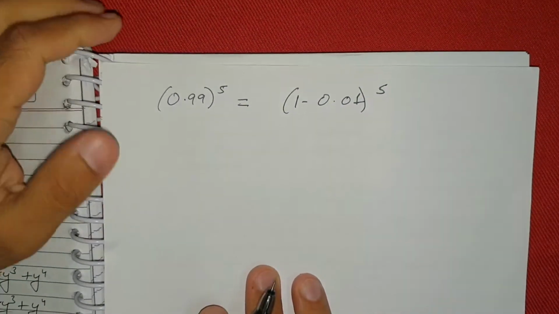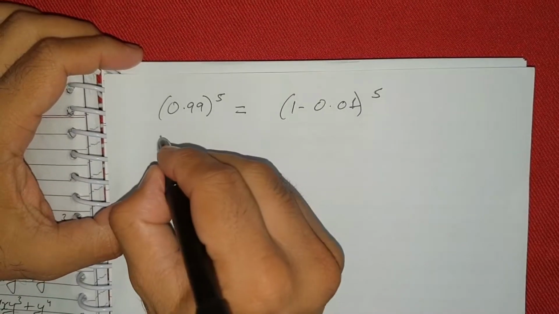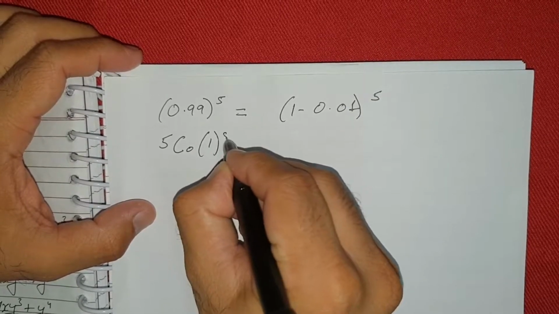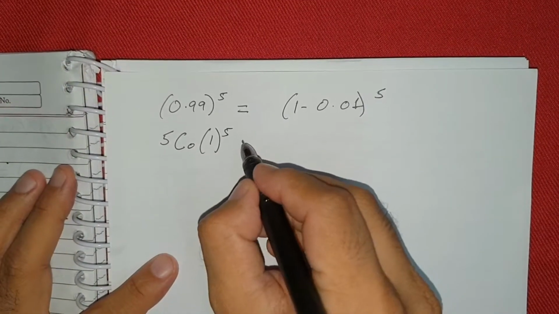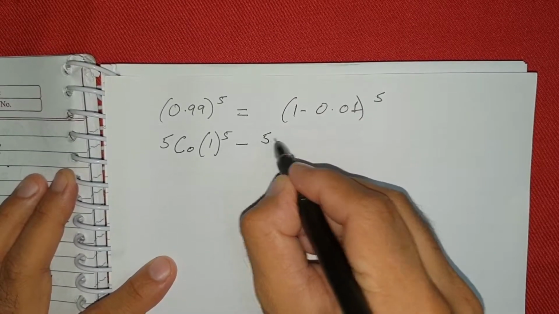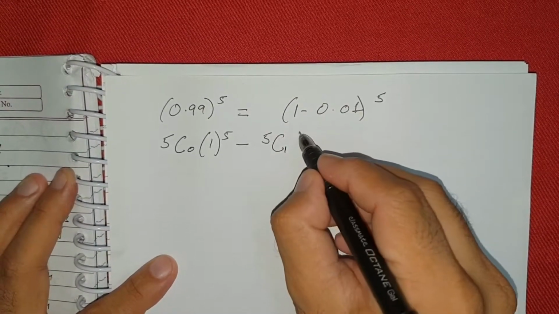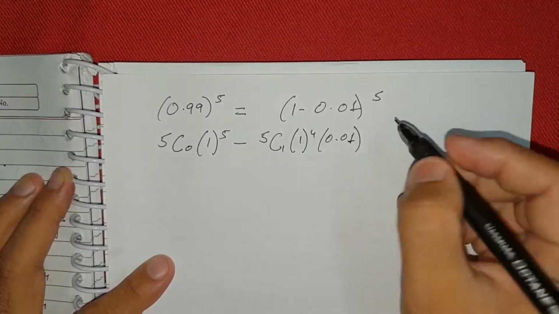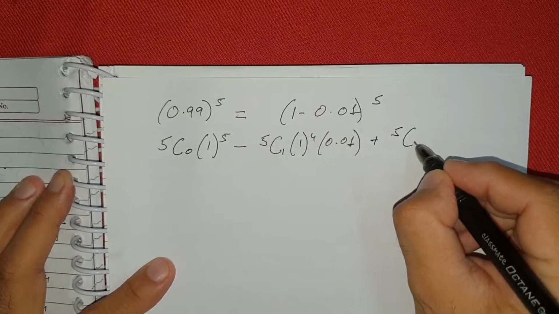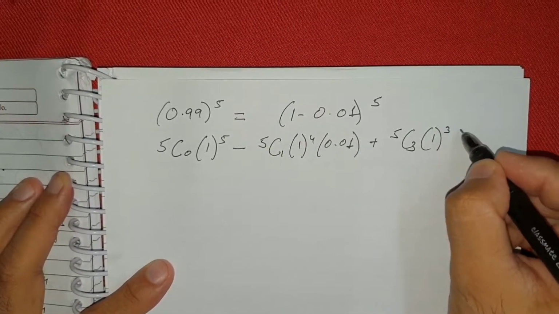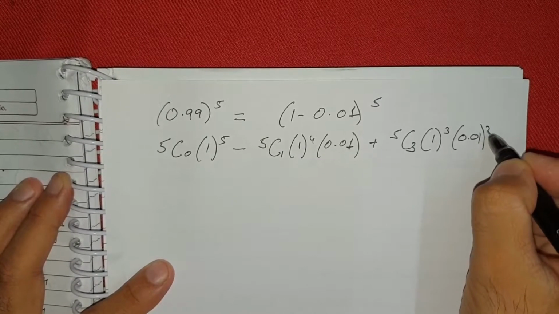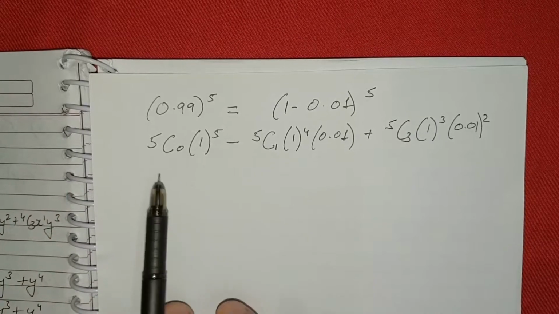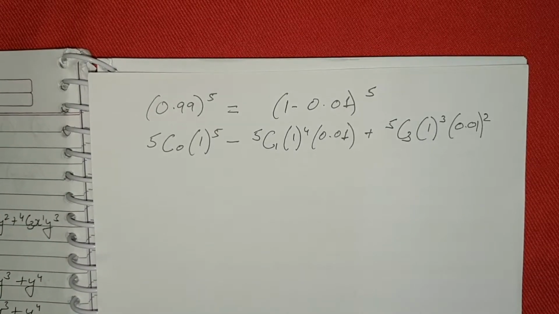Now expanding it binomially: 5C0 1 to the power 5, then the next term will be minus 5C1 1 to the power 4 times 0.01, and plus 5C2 1 to the power 3 times 0.01 whole square. We are going to ignore the other terms, because we have to find only these 3 terms.